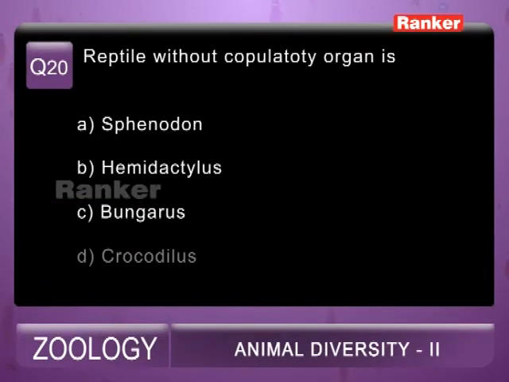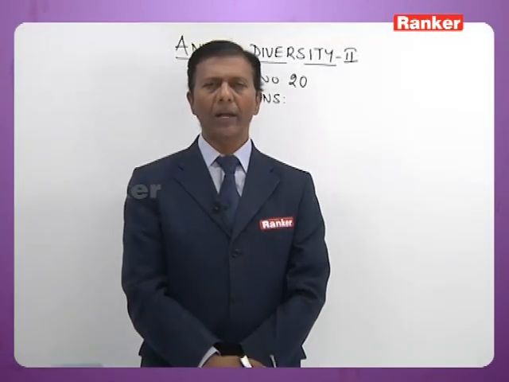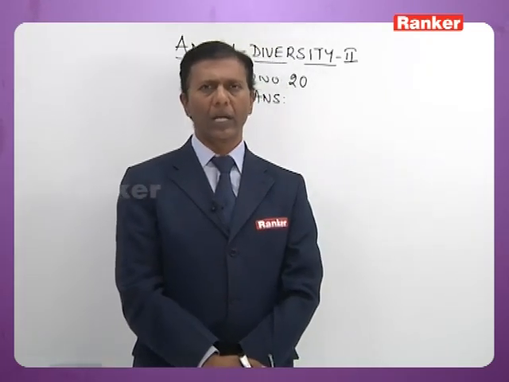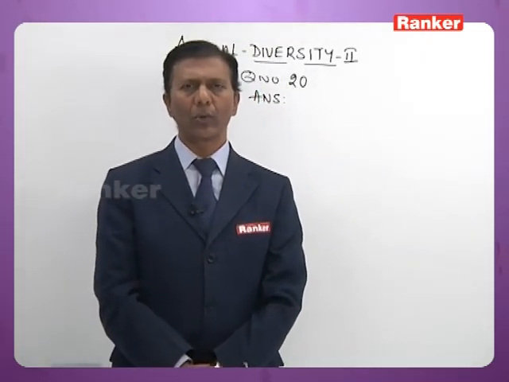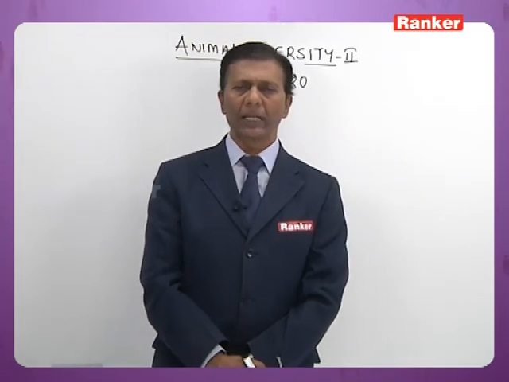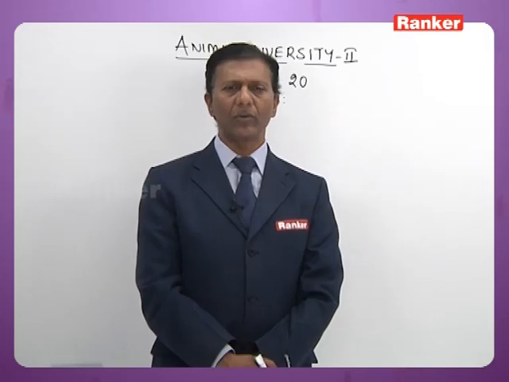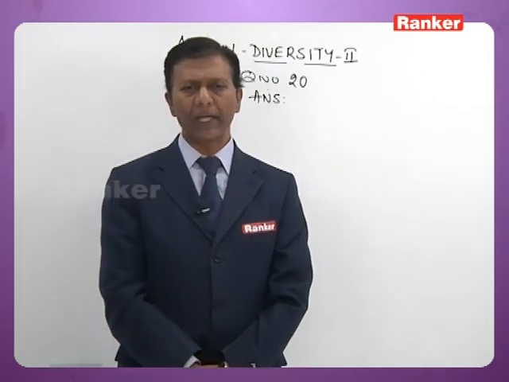Now, the 20th question. Reptiles without a copulatory organ is: A. sphenodon, B. hemidactylus, C. bungarus, D. crocodiles. All reptiles are characterized by the presence of a copulatory organ except sphenodon. Sphenodon, commonly called tuatara lizard or Hatteria, lives in New Zealand, and it is a national animal of New Zealand, almost at the verge of extinction.